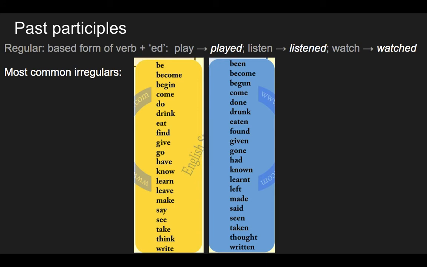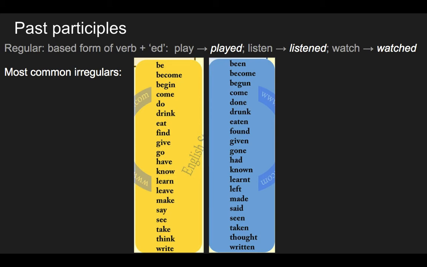Go and gone. So past simple of go is went. But past participle, gone, I have gone. Have and had. Know, known. Past simple of know is knew. Past participle, known.